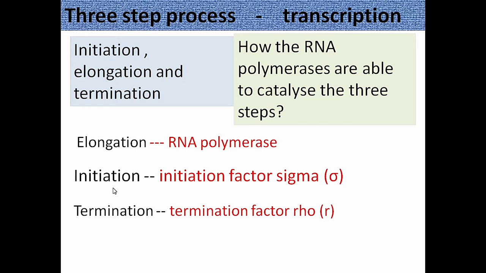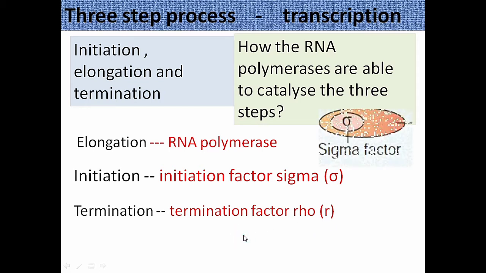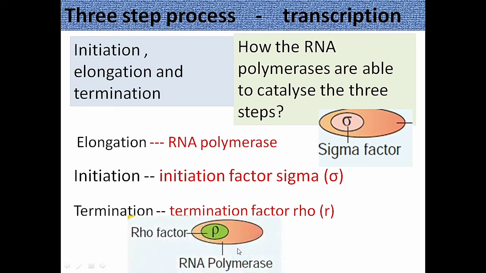At what time initiation must happen and at what time termination must happen is instructed to the RNA polymerase by the sigma and rho factors. The diagram shows the association between sigma factor and RNA polymerase. In this diagram, our rho factor is inside the RNA polymerase. Now we can understand how the RNA polymerases are able to catalyze the three steps in transcription.